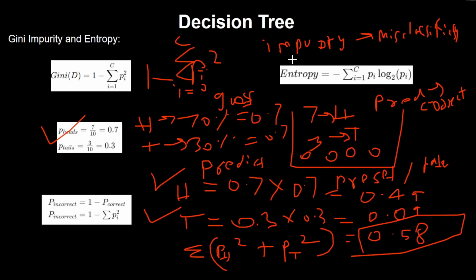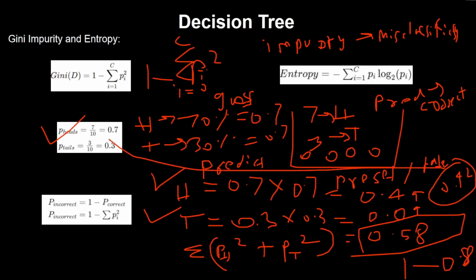To measure the probability of misclassification, that is, that we predicted wrongly, it is nothing but 1 minus this 0.58, which gives us the misclassification value of 0.42. So this is what the Gini value is, which is nothing but the impurity or misclassification.